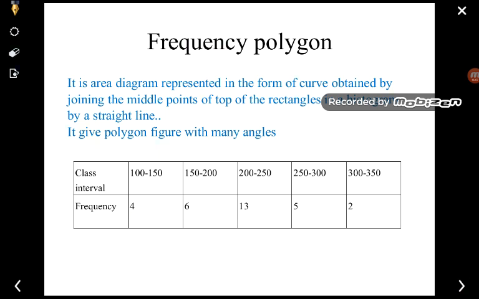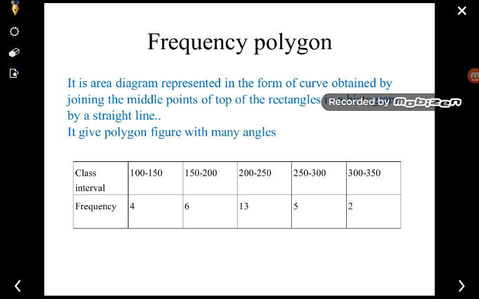Next is the frequency polygon. A frequency polygon is an area diagram represented in the form of a curve. It is again a type of histogram, but the midpoints of the histogram are covered, and it shows in the form of a curve.